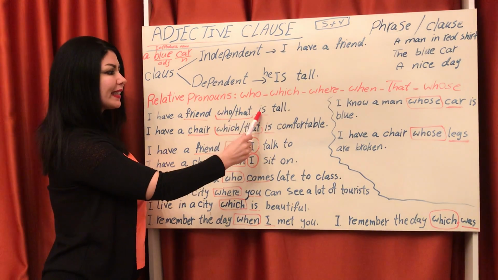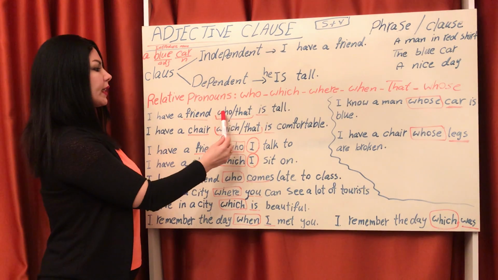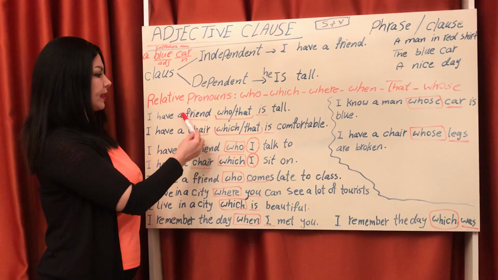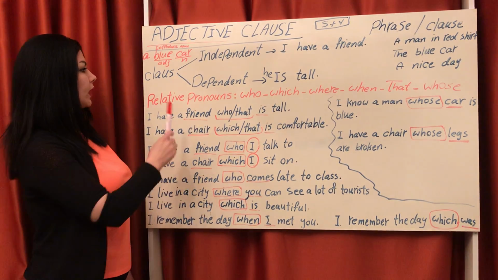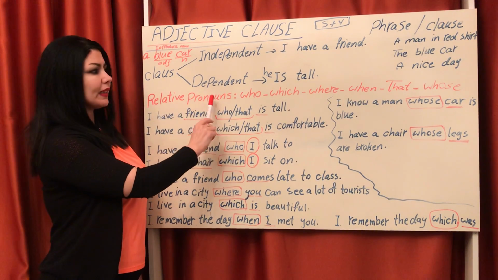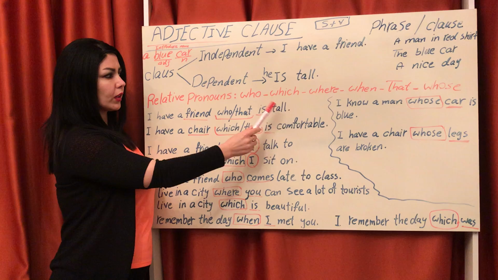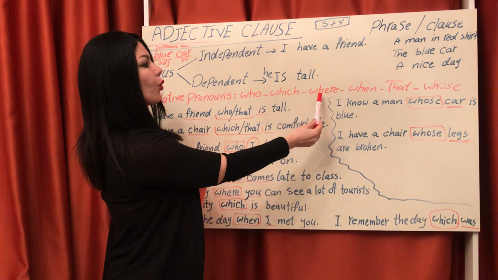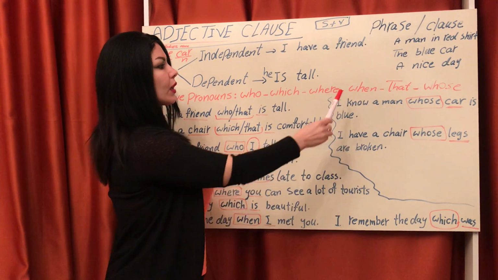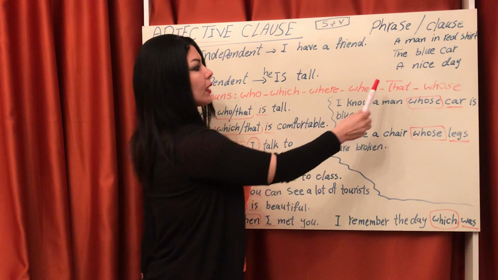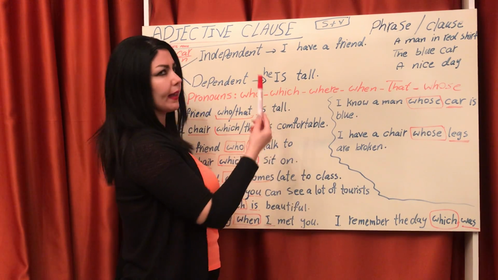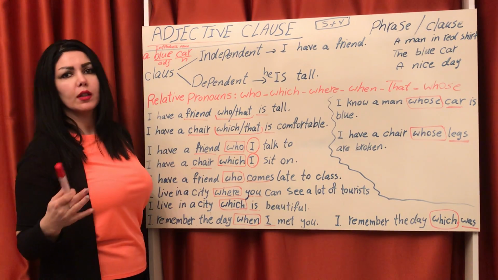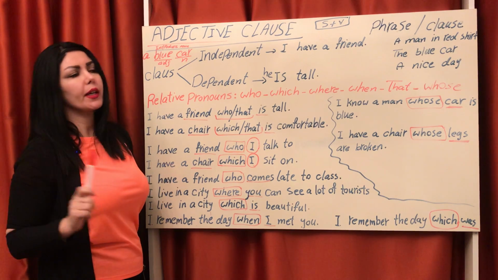As I told you, we have some relative pronouns: who for people, which for things, where for place, when for time, that for people and things, and whose for belonging something to someone or something to something else.